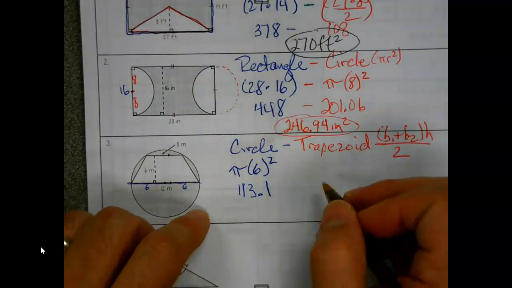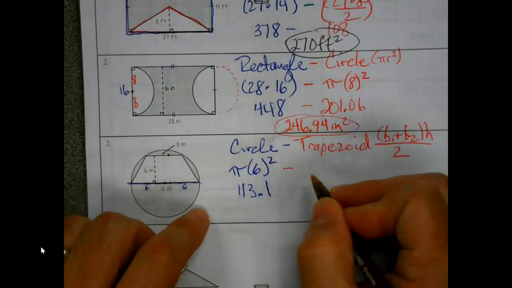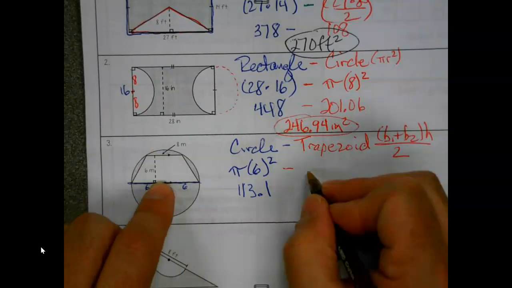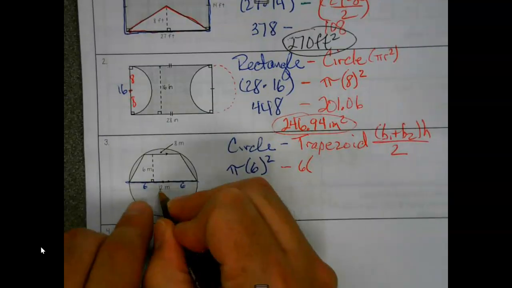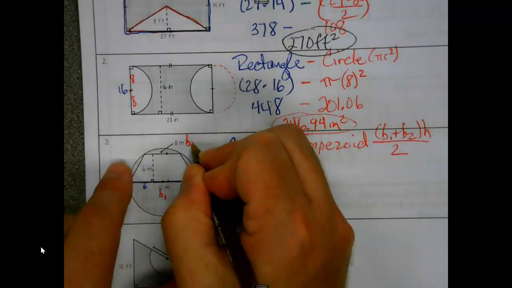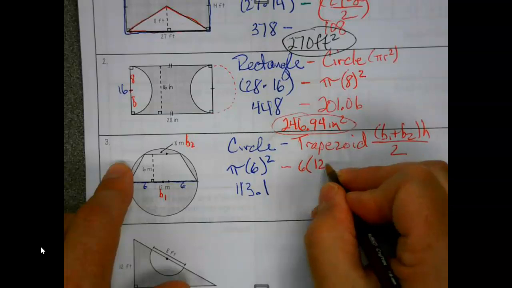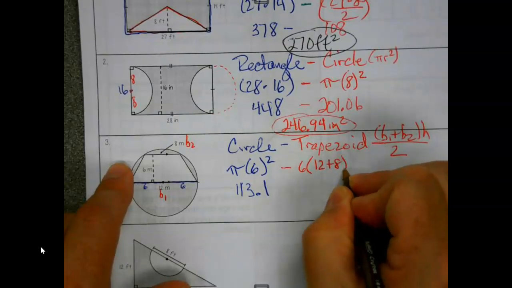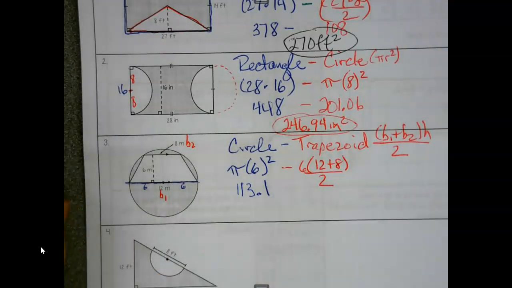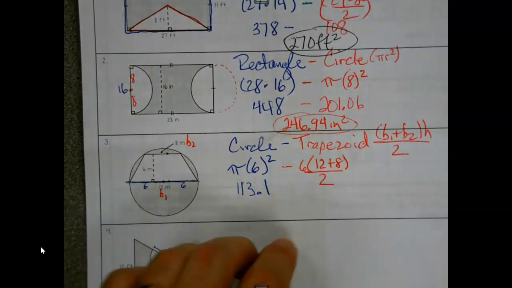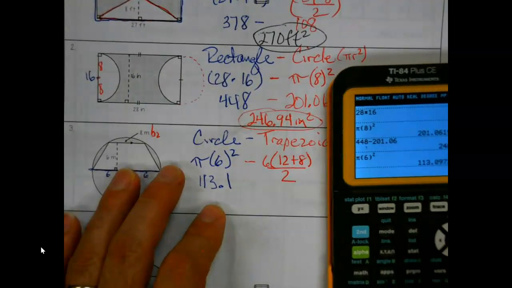So let's see. So my height of my trapezoid is 6. My 2 bases. Doesn't hurt to label things. Add those up. So, let's see. I think if I type that in just like that, we're going to be okay.